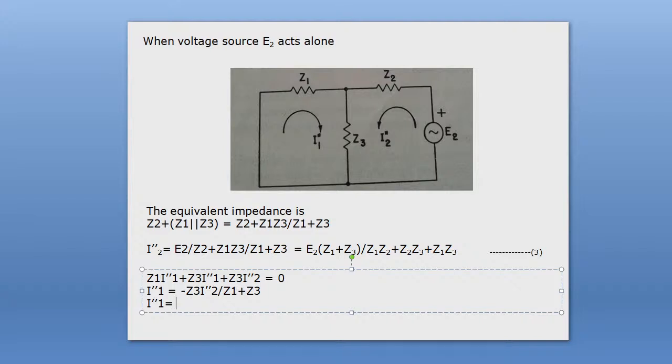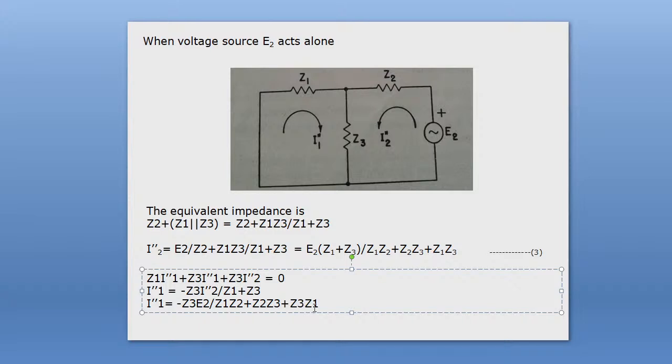So you will get I1 double dash equal to minus Z3 E2 divided by Z1 Z2 plus Z2 Z3 plus Z3 Z1.